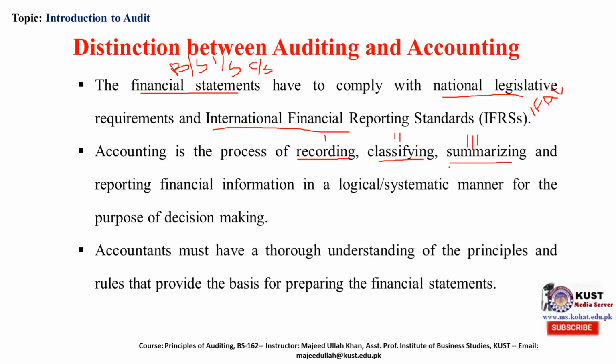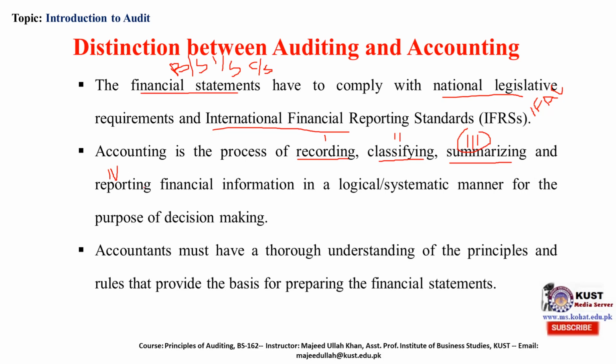If it is regarding accounts receivable, it should be recorded in the accounts receivable account. Then the final figure is summarized. This summarized figure is then reported, that is the fourth activity, report.